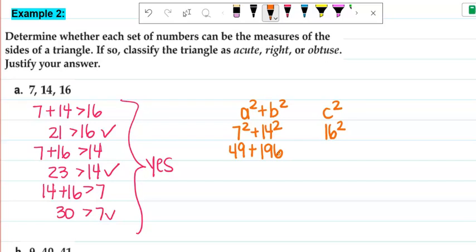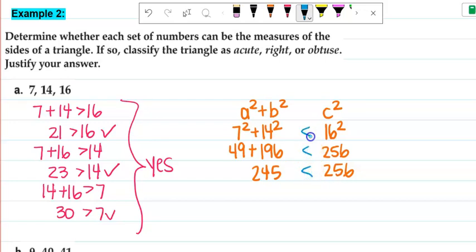And 16 squared is 256. So 49 plus 196 is 245. So you can see, obviously, 256 is greater than 245.